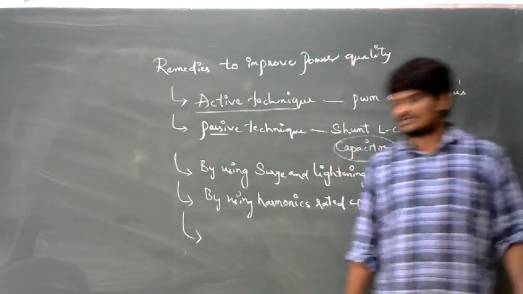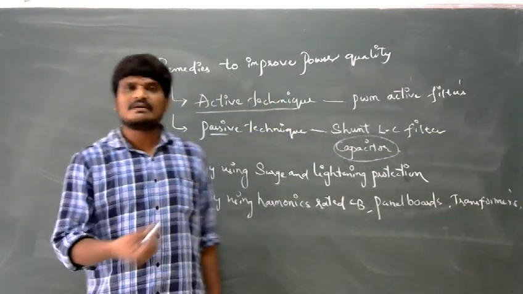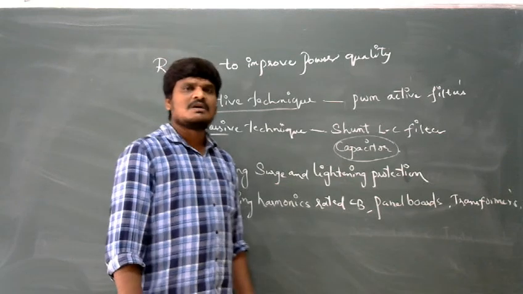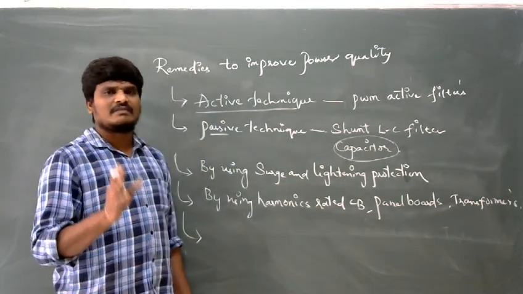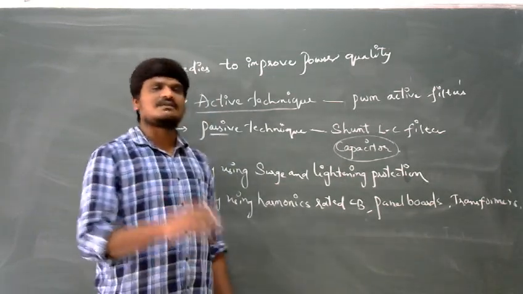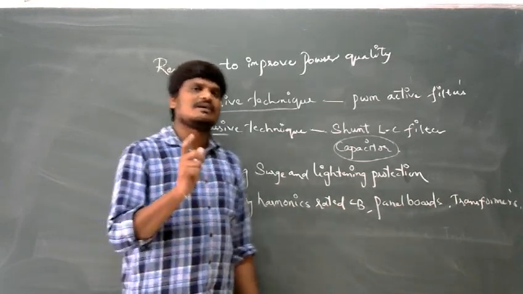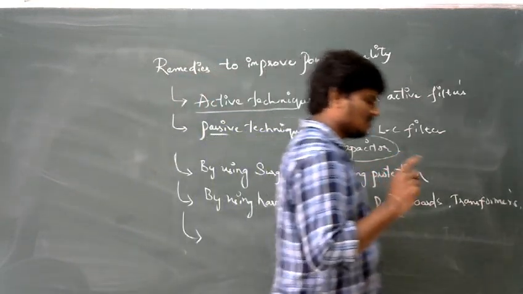Either it may be in the case of household supplies or industrial applications. So if you want to install a particular equipment, either household supplies or industrial equipment, superior quality material should be used.